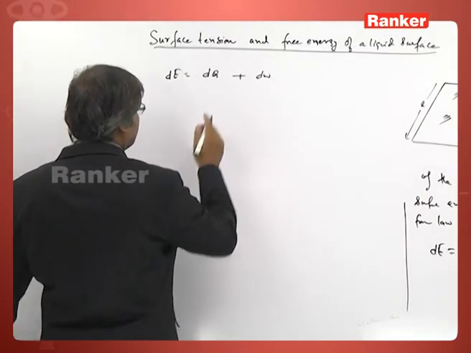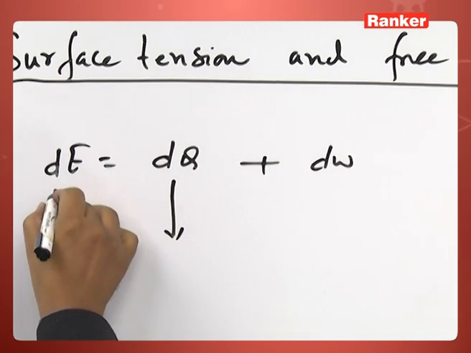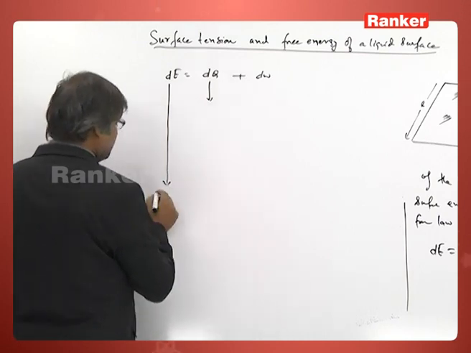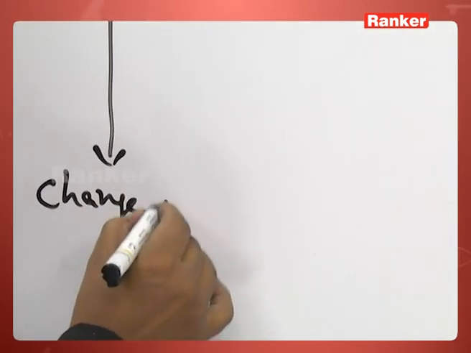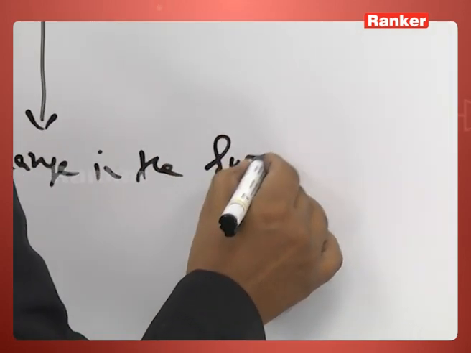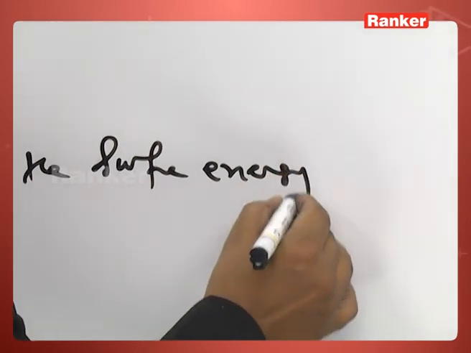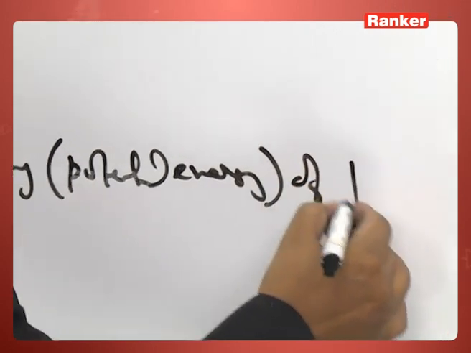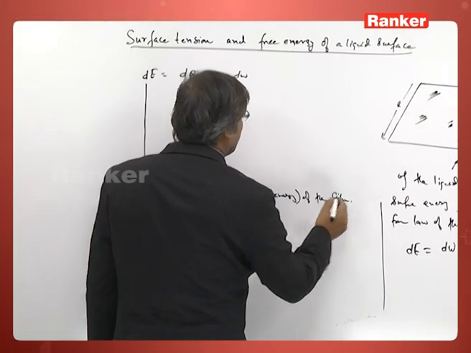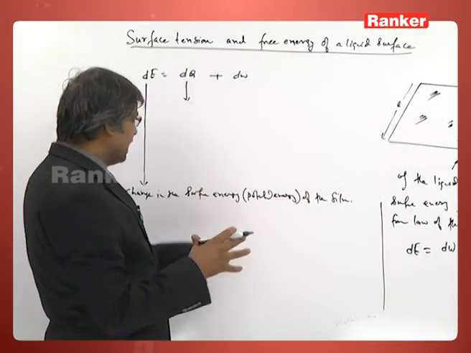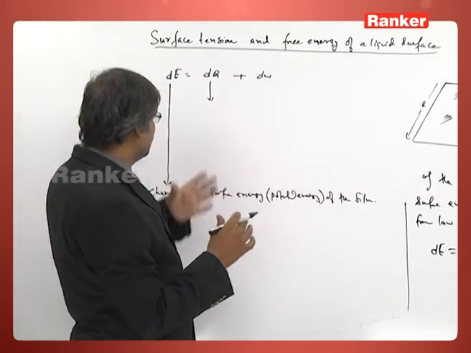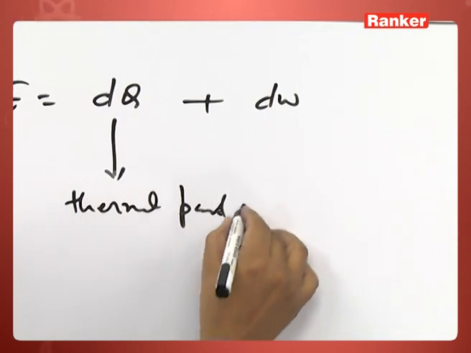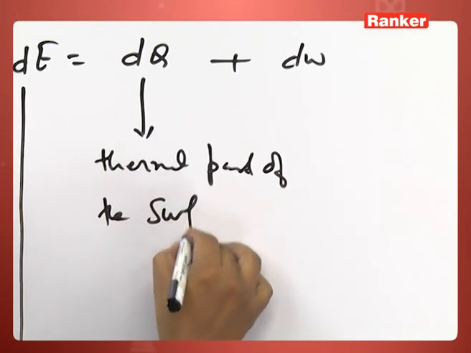Now, what is this part? This part, dE, is the change in the surface energy, that is, the potential energy of the film. When you stretch it, the area will change, and so a new surface will be created. So, there will be a change in the surface energy. This is called the thermal part of the surface energy.